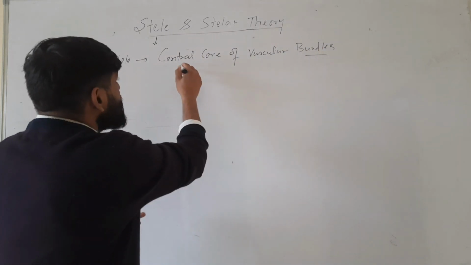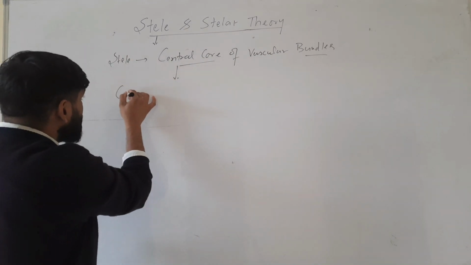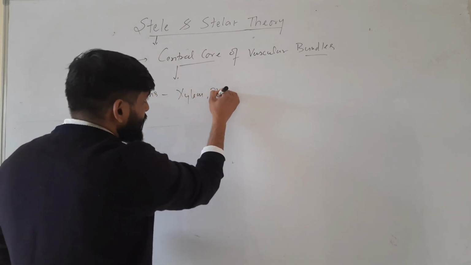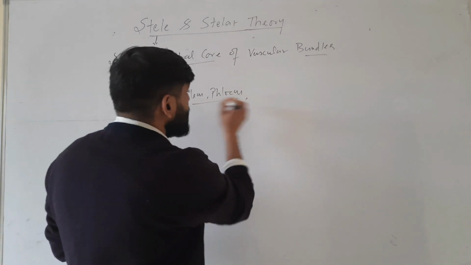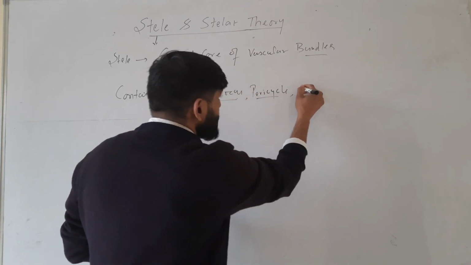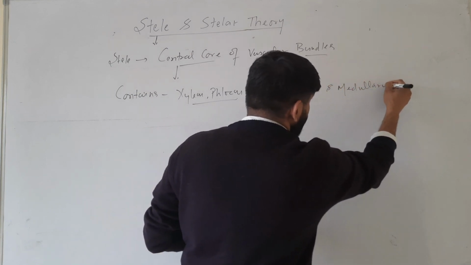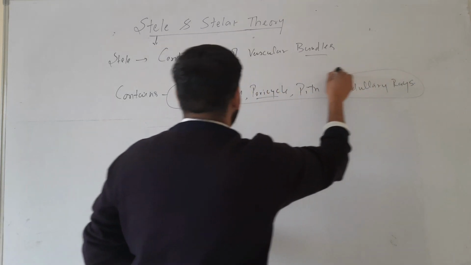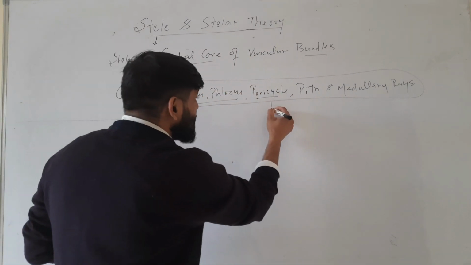This stele contains xylem, phloem, which constitute the vascular bundle, and also pericycle, pith, and medullary rays.